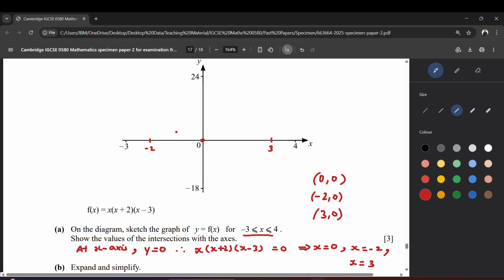So that means my graph should start from here. And because the coefficient of x cubed, if I expand them, x multiplied by x multiplied by x, I'm going to get a positive coefficient for x cubed. Therefore, the shape of the graph is going to be like this because this is a cubic equation. So let me draw this.